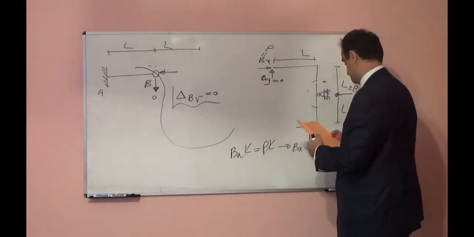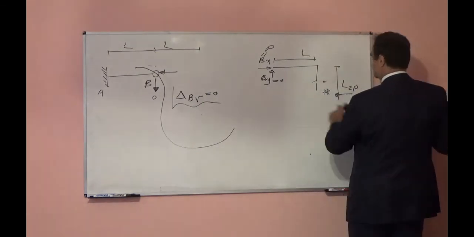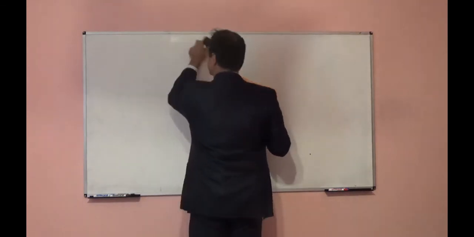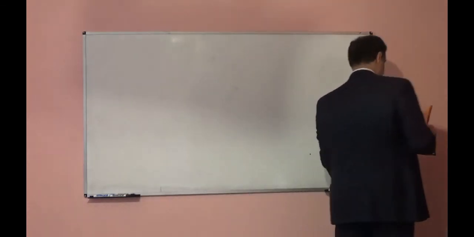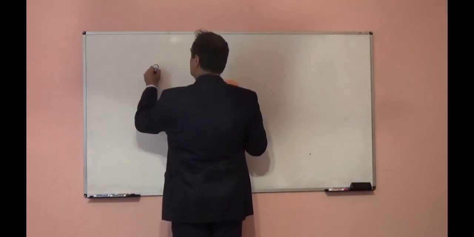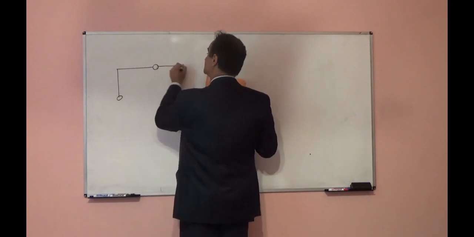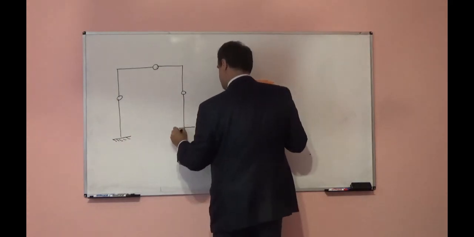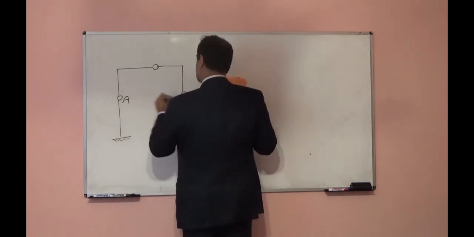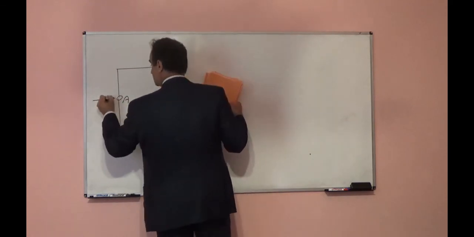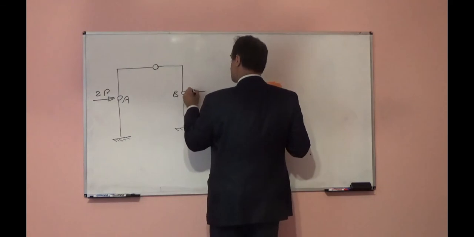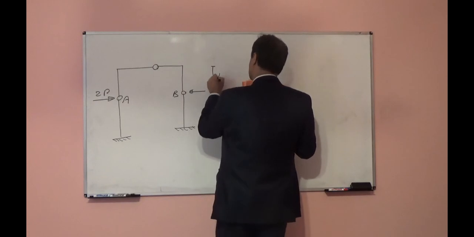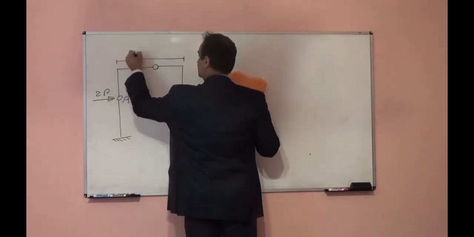Next one. We have this frame A, B, here we have load 2P, here we have load P, this distance is 2L, this is L, and from here to here it is 4L.